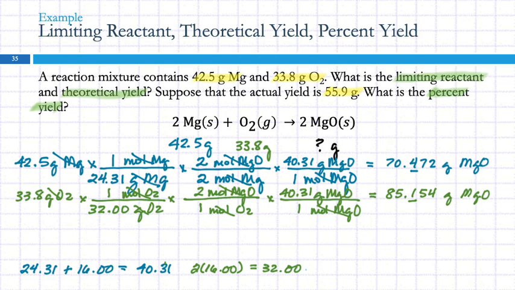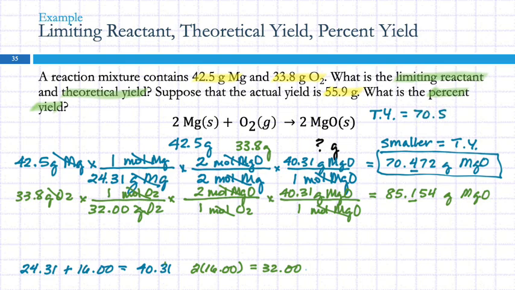This is where it stops. So this is the smaller one. And that equals the theoretical yield. So we could say the theoretical yield is equal to, and this would be where we would round, 70.5 grams of magnesium oxide.